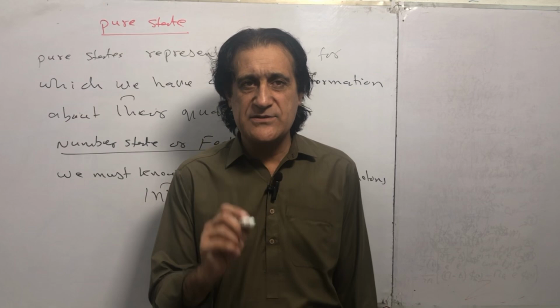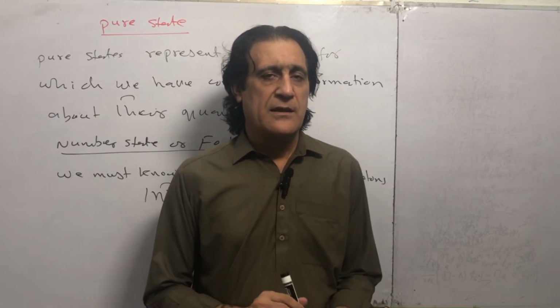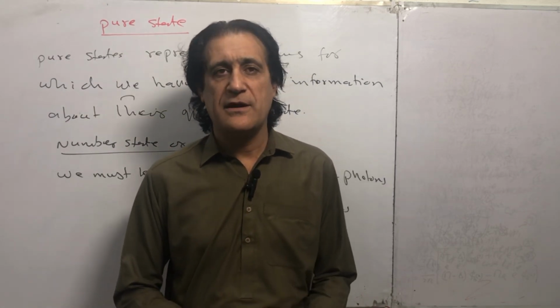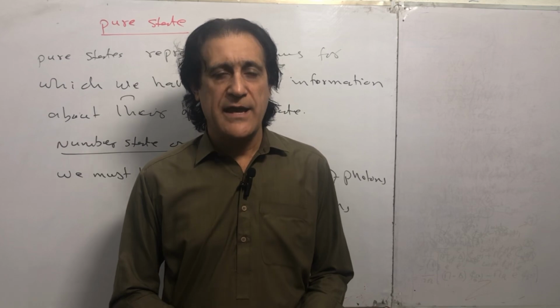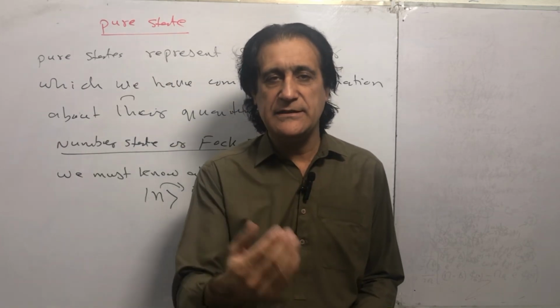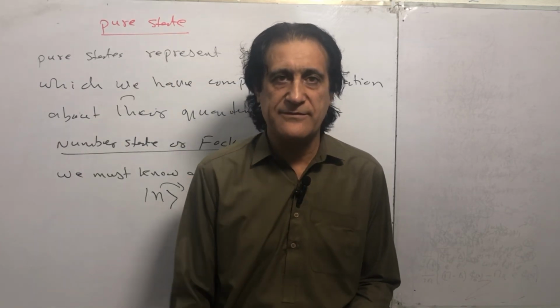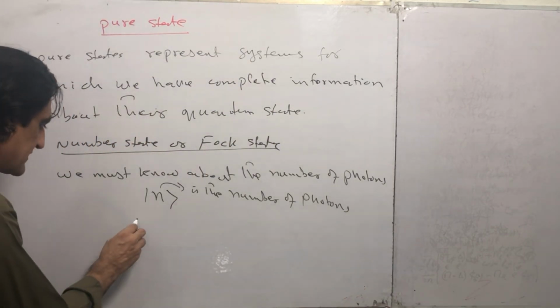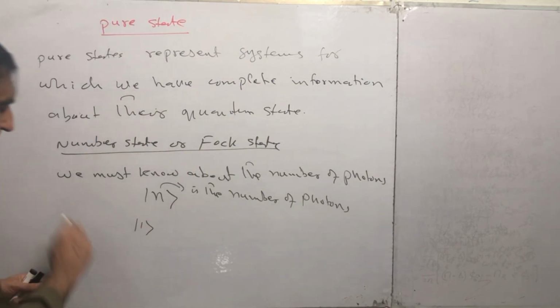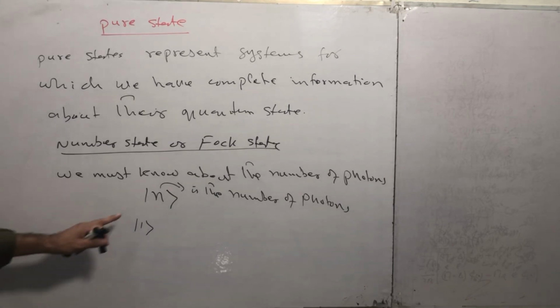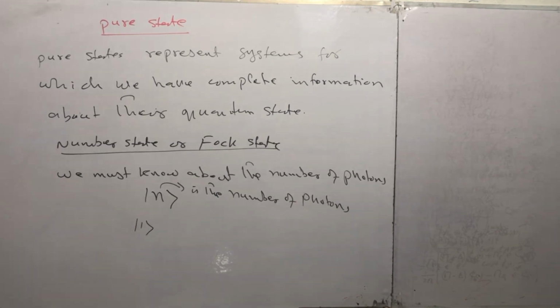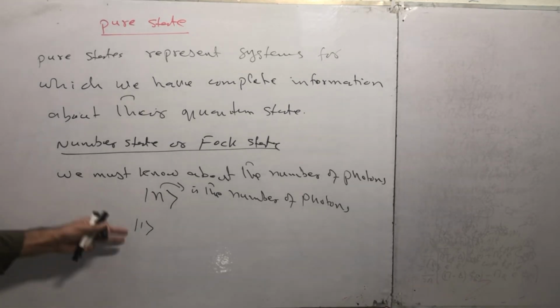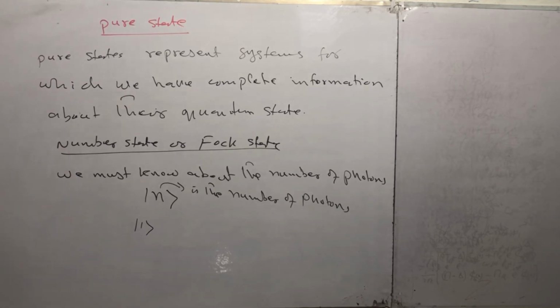Let's take this very easy. Suppose we have a single photon and we know all the information about it. Then for a single photon, we must write the state 1. So we know all the information about this quantum state. So this is known as a pure state.